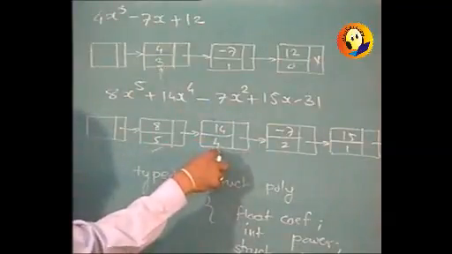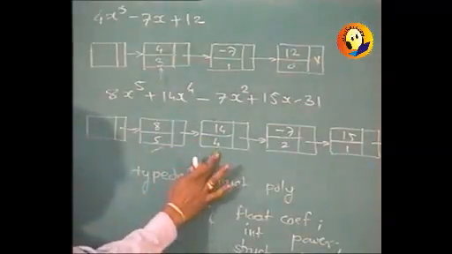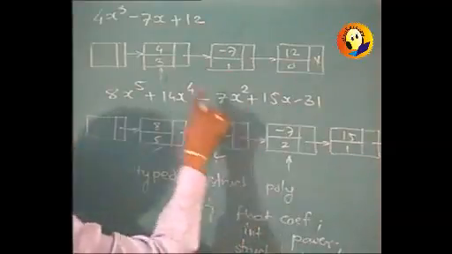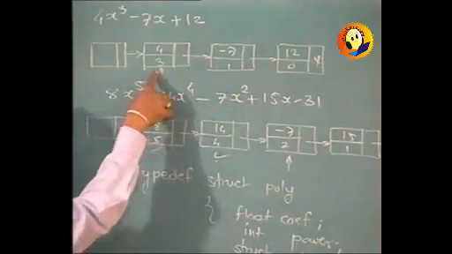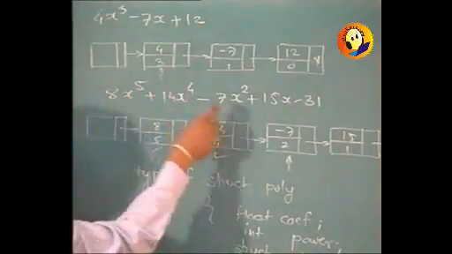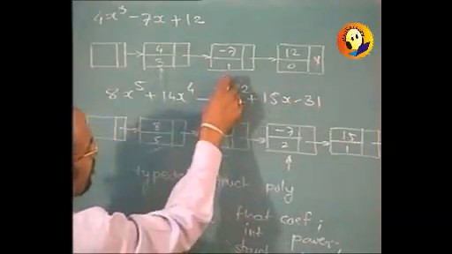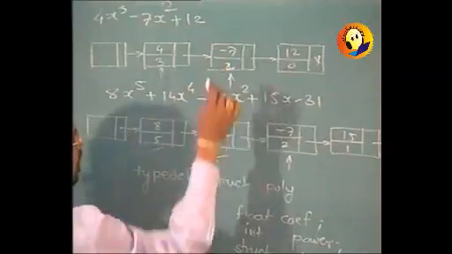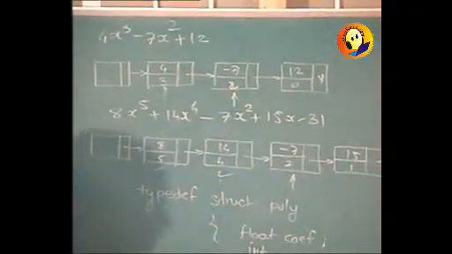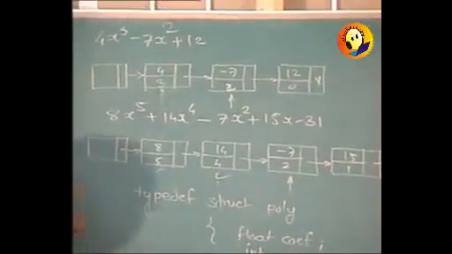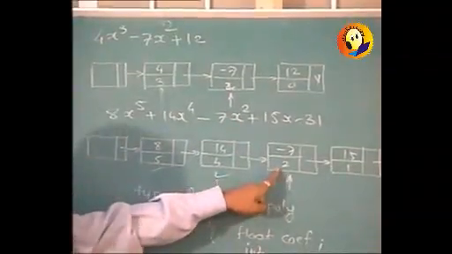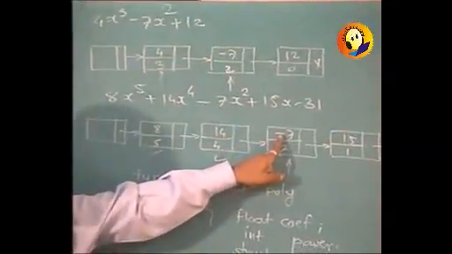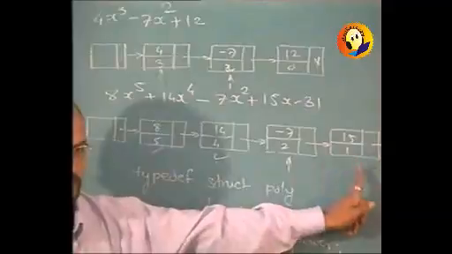Again this power is higher, so you will copy this node. Then of these two, this is higher, so this will be attached. Now the powers are equal. In that case, you will copy the power, add the coefficients and increment both.